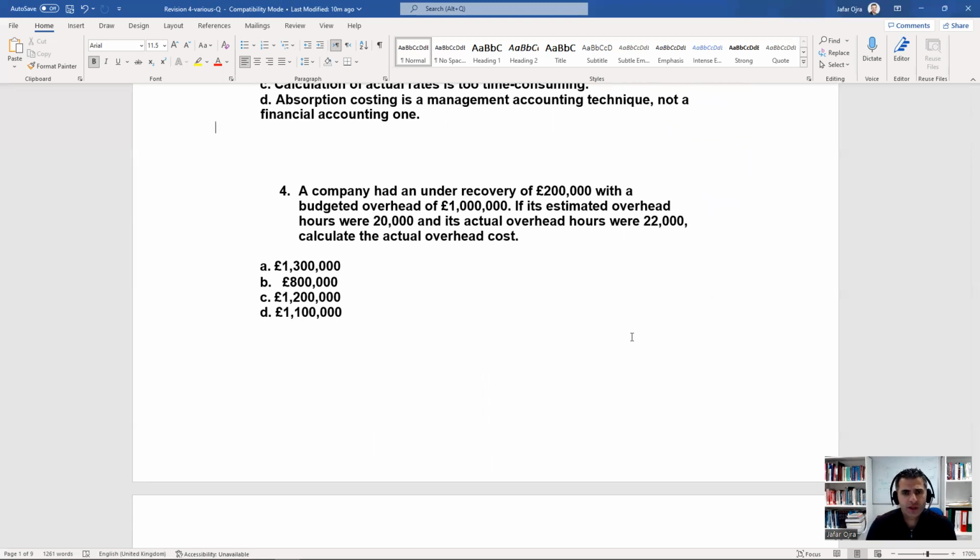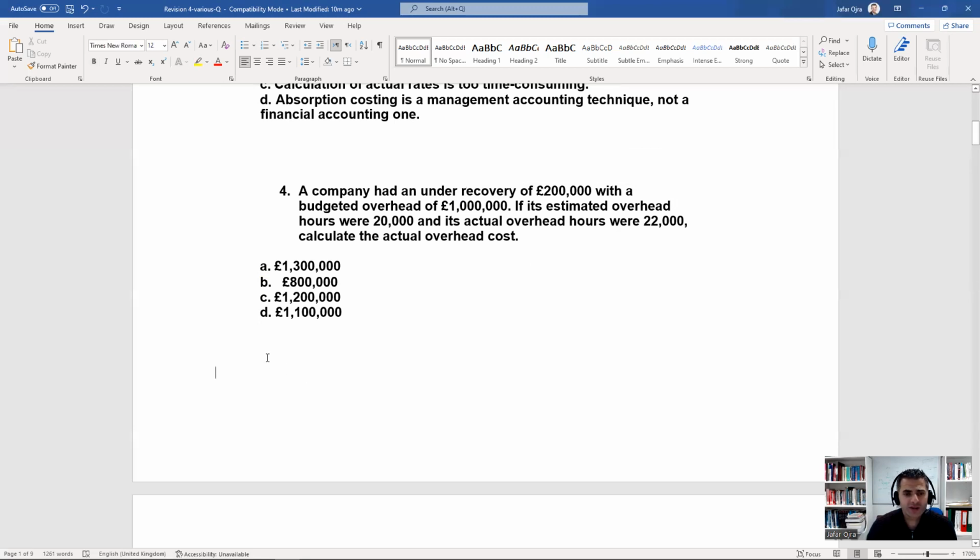Number 4. A company had an under recovery, which means under absorption, of 200,000, with a budgeted overhead of 1 million. If its estimated overhead hours were 20,000 and actual hours 22,000, calculate the actual overhead cost.